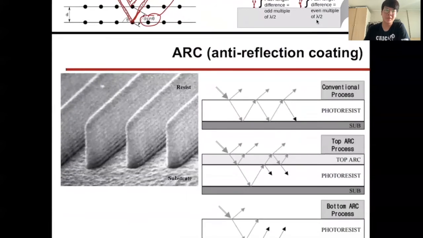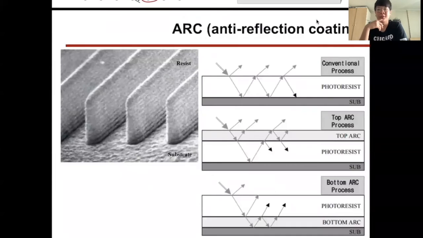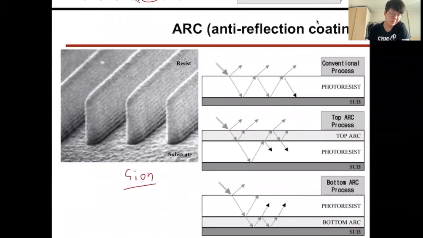To prevent the interference, we use ARC, anti-reflection coating, using materials like silicon oxynitride to absorb the reflected light, or by using the refractive index to prevent the second reflection on the substrate.